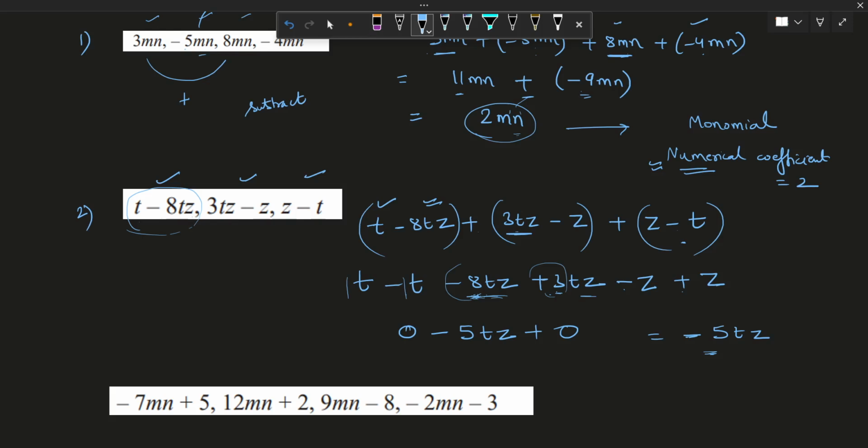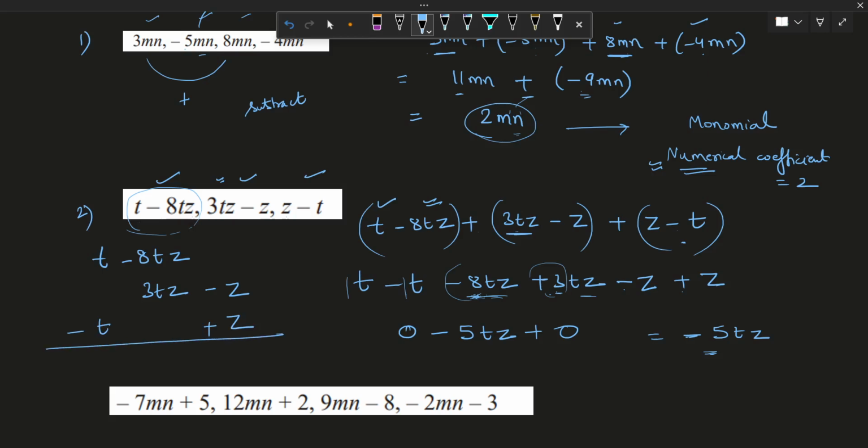Now there is one more way of adding it. This is the horizontal way I've done. Now I'll show you a vertical way also. t minus 8tz, the first expression I wrote. Now the second expression, 3tz. So what is the like term in this? It's 3tz. Minus z is another term. The next one has plus z and minus t.